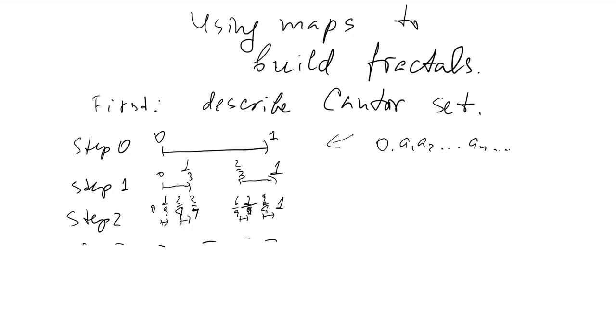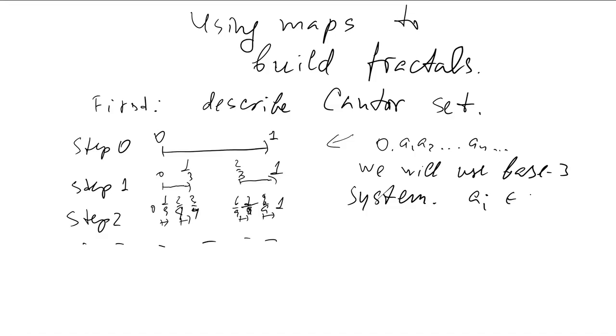It would be good to use the base 3 counting system, and therefore Ai is one of these digits: 0, 1, and 2. We don't have digits 3 and above.